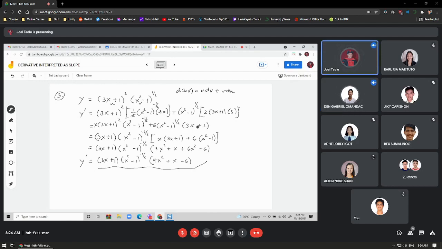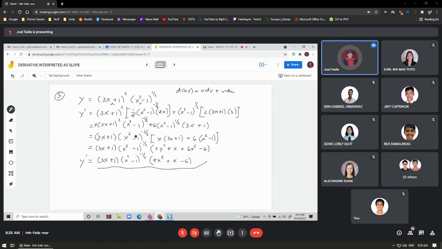Wala, no? So, this time, ang atong gibuhat, guys, atong gi-multiply. Atong gi-factor out ang common term. So, ang common nila nga term sa duha ka terms, kani siya ang quantity 3x plus 1 o quantity x squared minus 1 raised to the power negative 1 half.